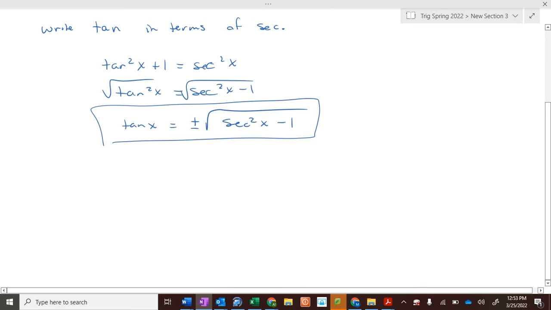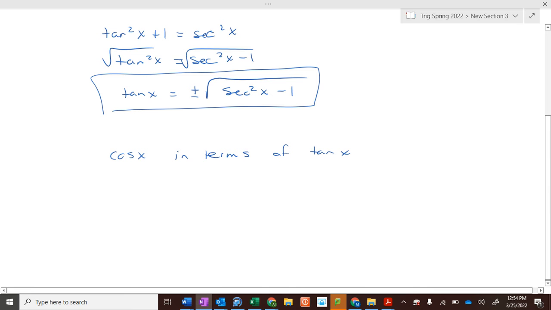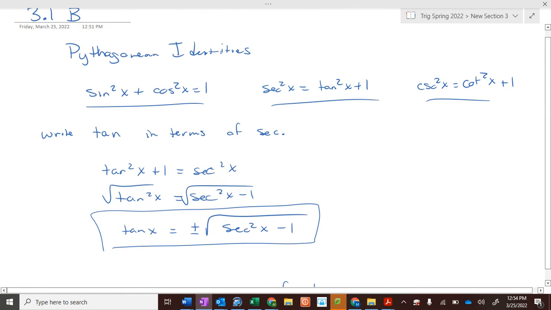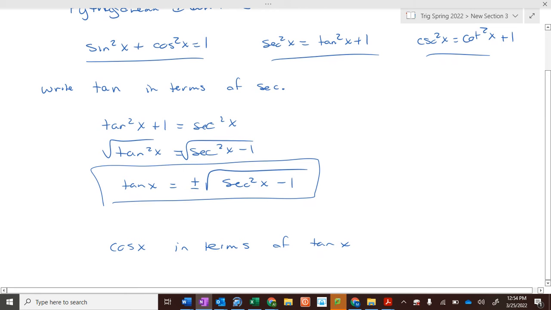Let's write cosine of x in terms of tangent of x. How do we write cosine in terms of tangent? Ooh. Okay. Do any of these involve both cosine and tangent?